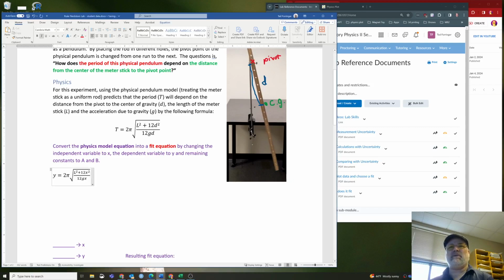I take my independent variable and I convert it to x. I take my dependent variable and I convert it to y. The next step is to collect any constants. Now, anything that's an exact value, I can leave alone. If it's an exact value, it's already fine. I can just leave it in there exactly as it is.